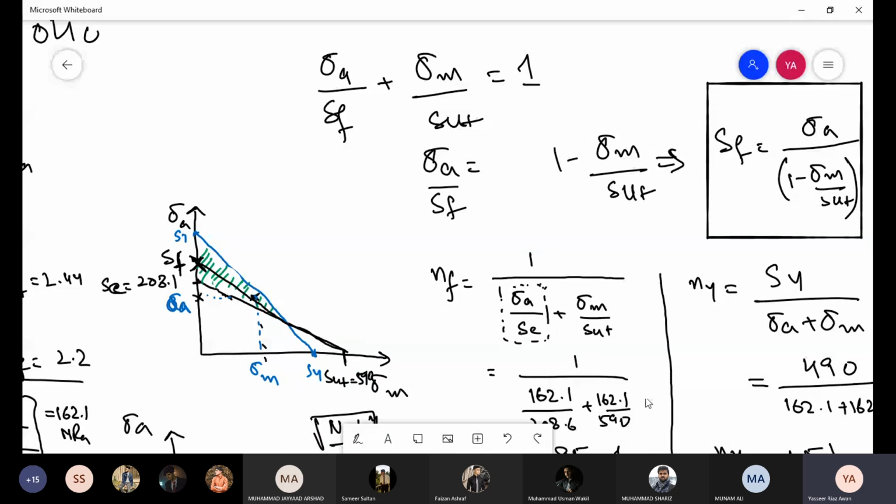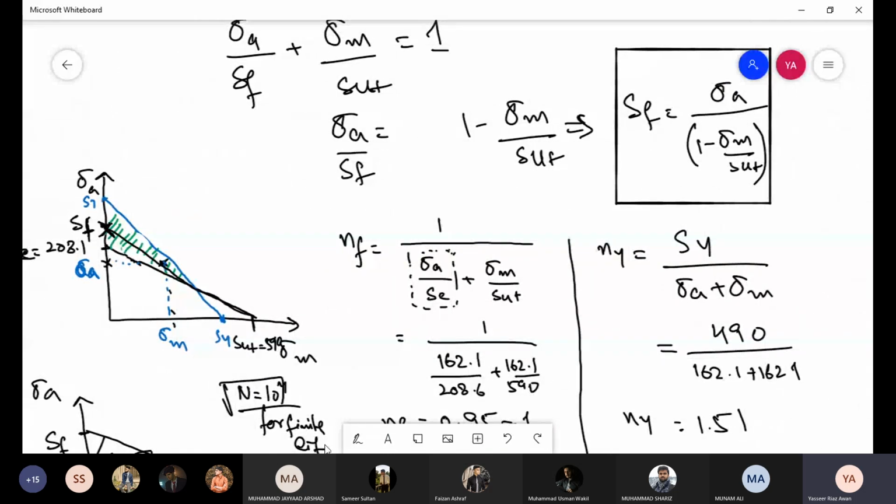For this case, ठीक है, where sigma A is 162.1, sigma M is also 162.1, and SUT is 590, this value comes out to be about 223.5 megapascal. And the value also makes sense.